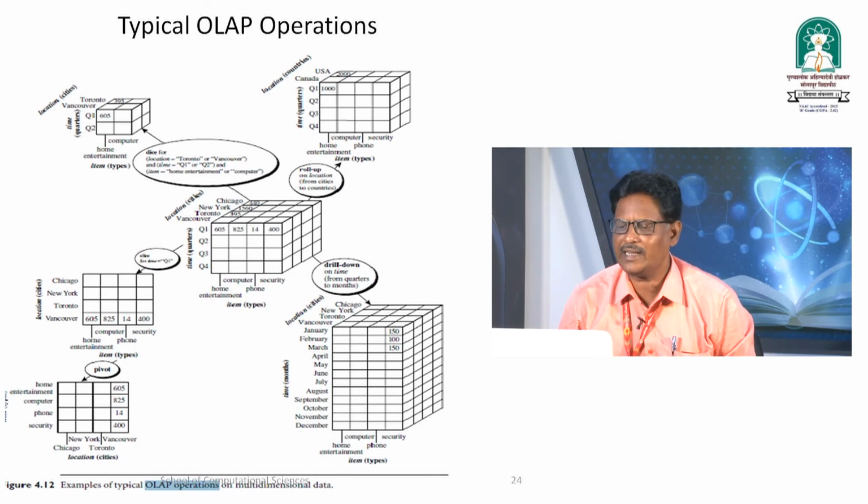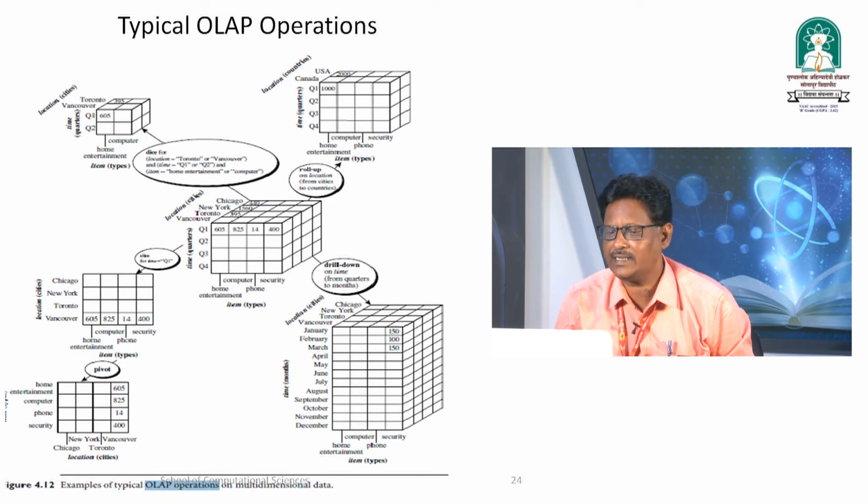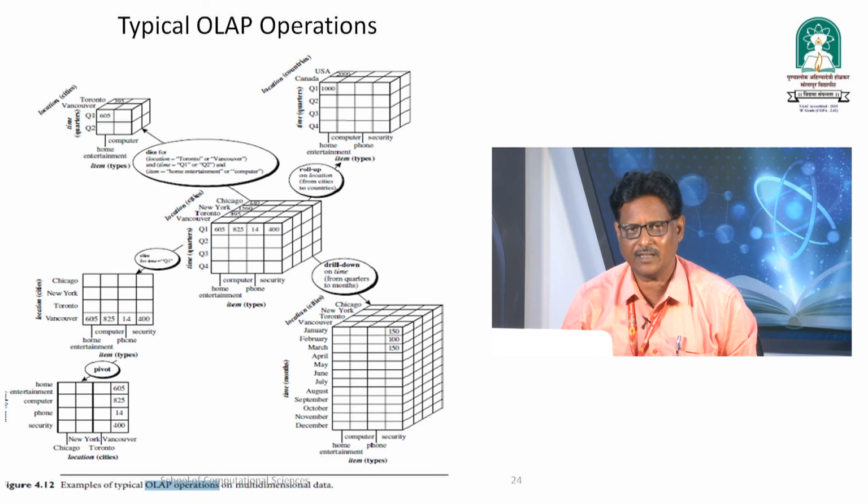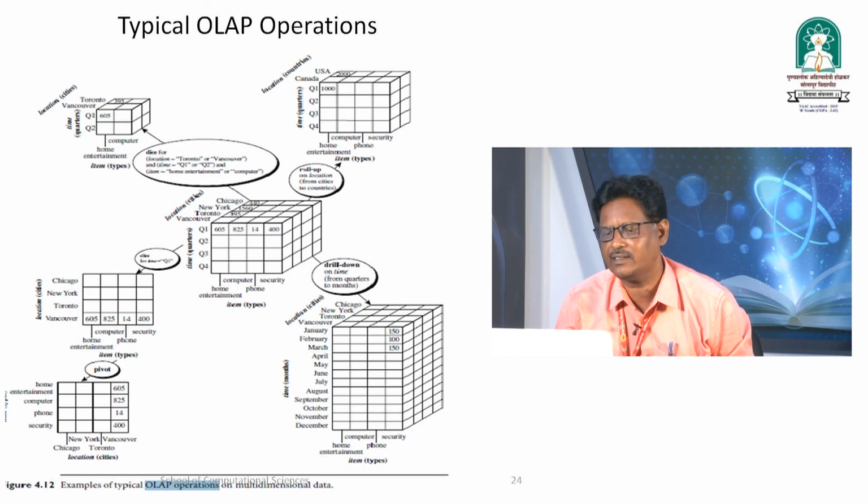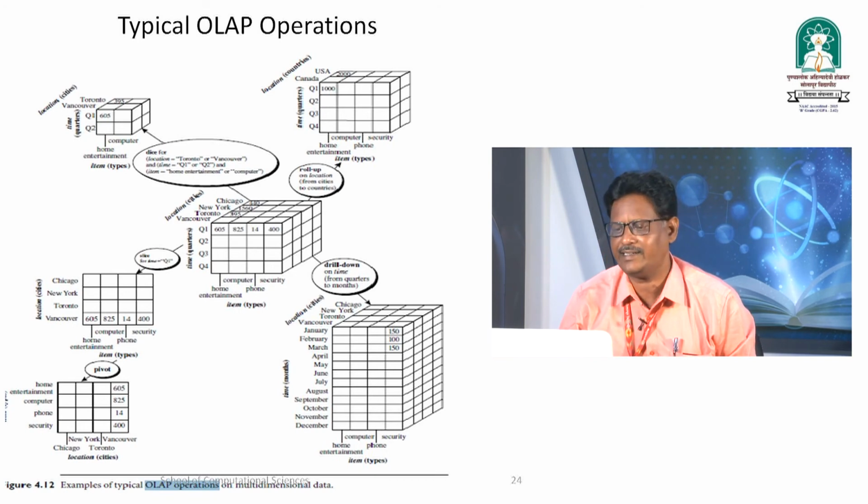For example, we are selecting location, item or time, meaning more than one dimension we can select to acquire our desired data.